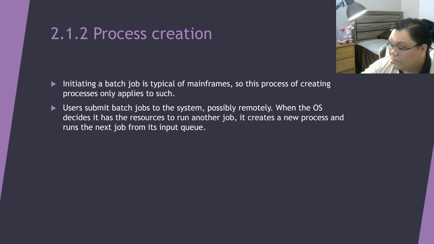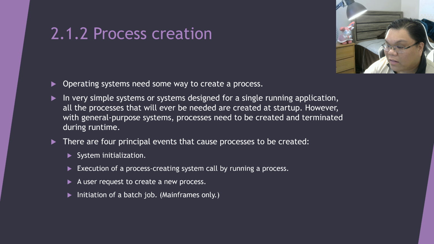Okay, so we looked at 3 ways in which processes can be created: at the start of when the system boots up, when a process needs to create more of itself, or when the user wants to start up a program.